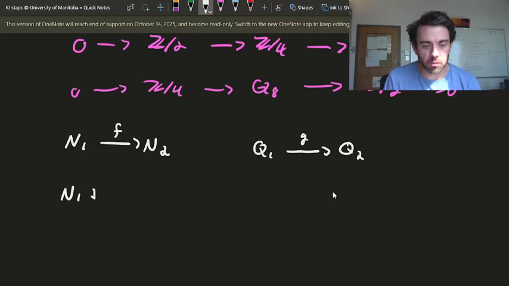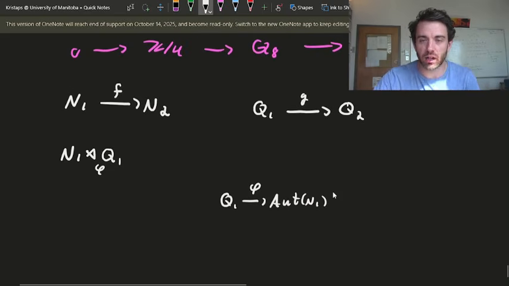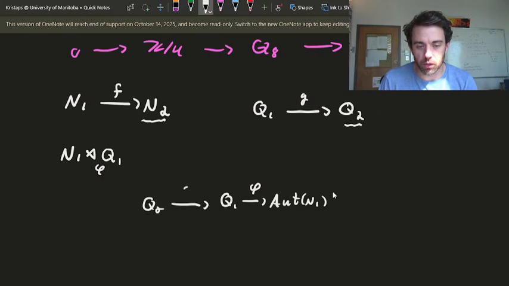And I've got some semi-direct product with respect to N1, Q1, phi, where of course phi is a map from Q1 into the automorphism group of N1. So how could I build some sort of related structure? How could I go from this to getting a semi-direct product of N2 and Q2? Well, of course, I have the map from Q2 to Q1 given by G inverse. And how could I build a map into the automorphism group of N2?